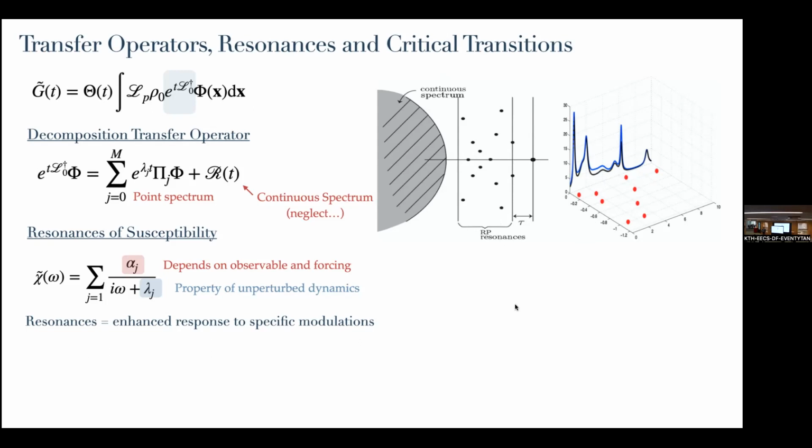So basically, in the talk before, these were related to the random matrices. In nonlinear systems, you need to go a level above, and you need to take into account the nonlinear dynamics that is happening and take transfer operators. But basically, there is this one-to-one correspondence of eigenvalues and resonances of the susceptibility. And a resonance of the susceptibility is just an enhanced response to perturbation.